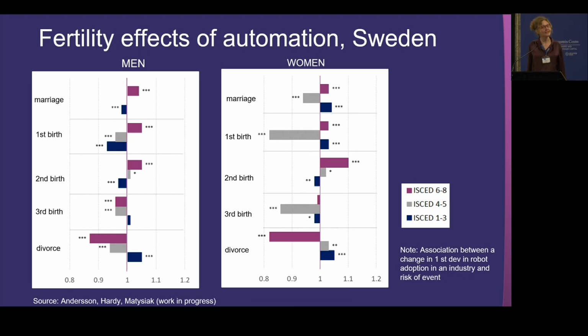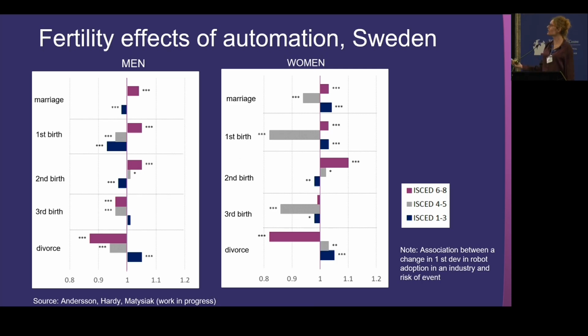Much more is happening. For men, we see very clear gradients, apart from the third birth, which is a bit weird. We can see that workers who are highly educated, ISCED 6 to 8, which is a little bit adapted to the Swedish reality, they have few low educated, lots of highly educated. So the pink is the highly educated.